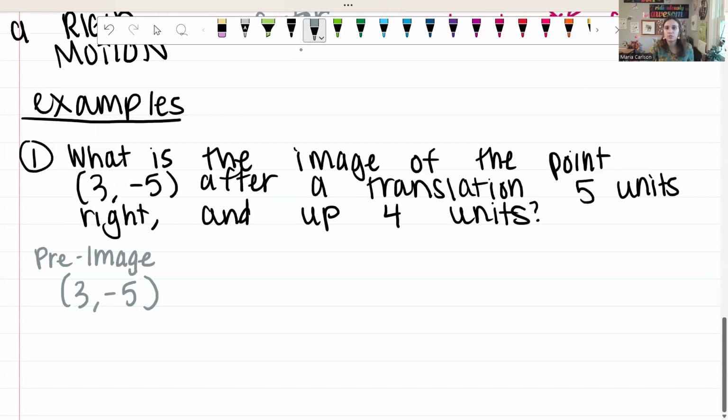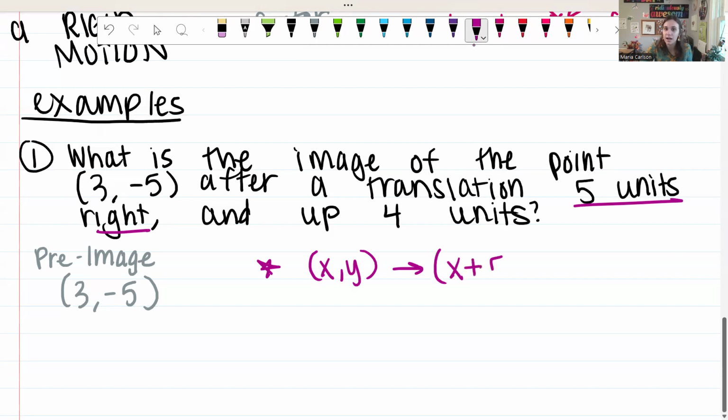And we want to translate it 5 units right. So if we're going to go 5 units right, that's going to take our point x comma y, and we are going to add 5 onto x. So x plus 5 comma y. This will go to the right 5 units. And then we want to go up 4 units.